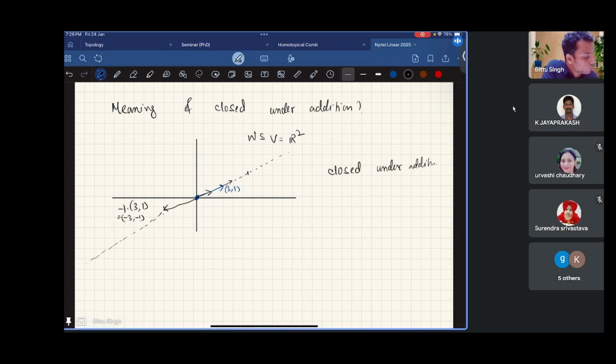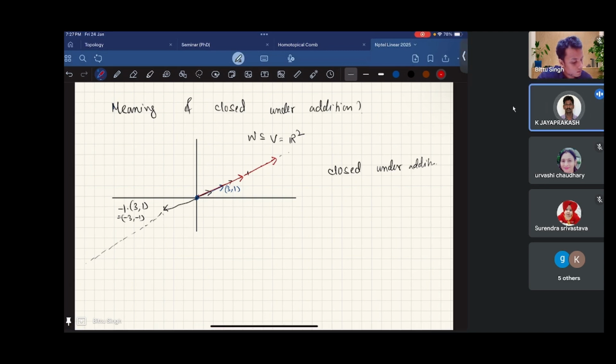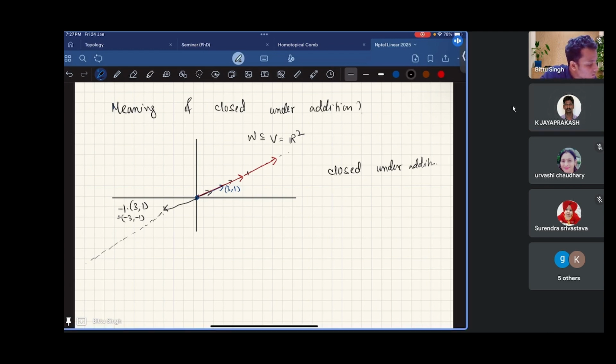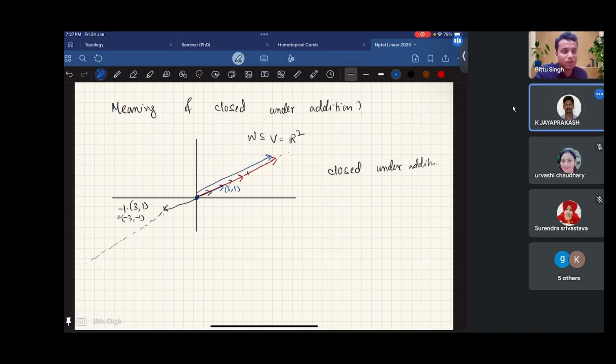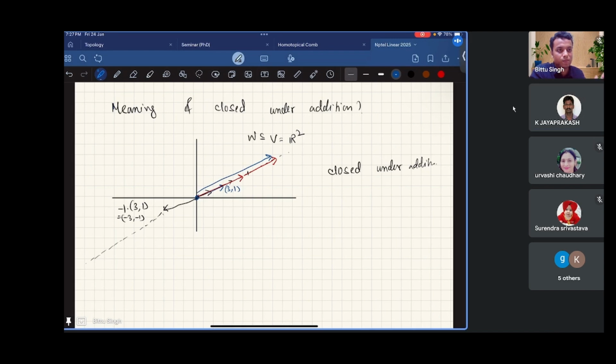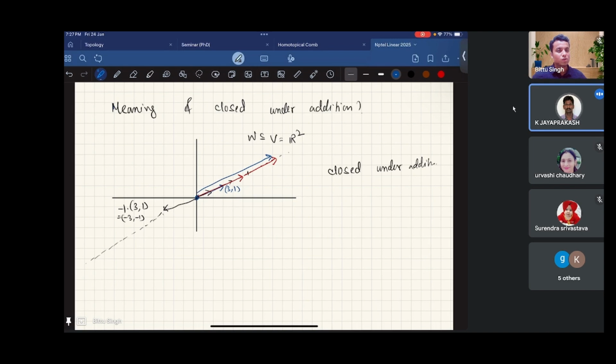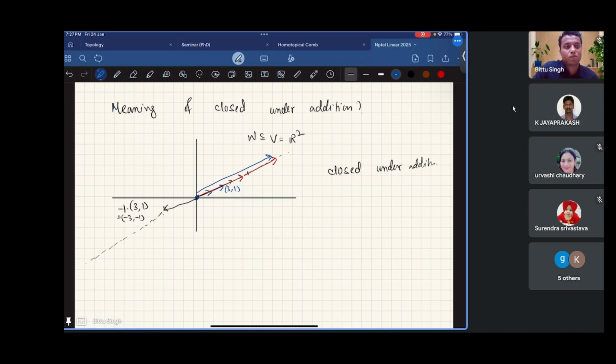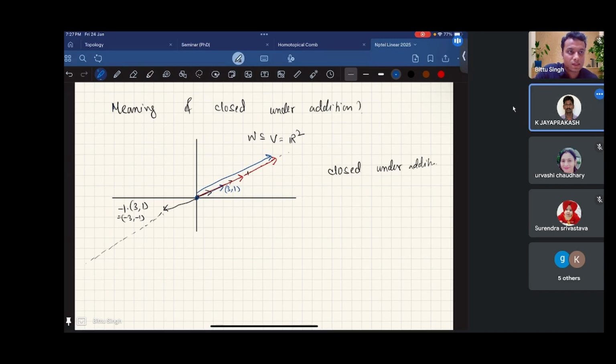If you pick any two vectors and add them, what will be the sum? The sum of these two things will be this vector, right? It should pass through 0, but I have just drawn it to visualize. So you can see that it is closed under addition.